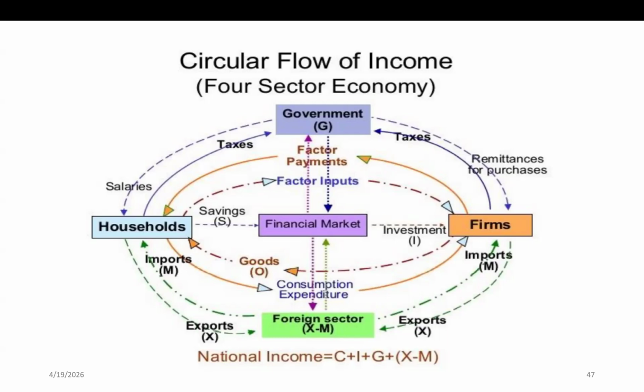So in national income, these activities happen here and there within these individual activities. When we consider all these individual activities together, it is known as the circular flow of income in a four-sector economy.